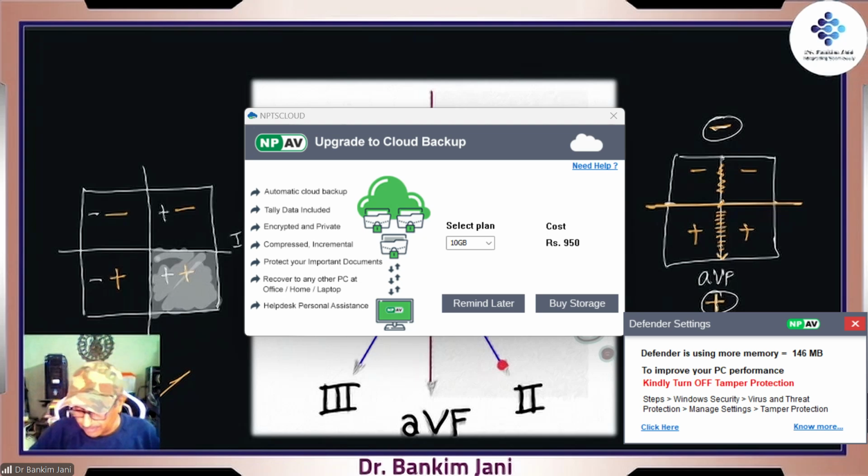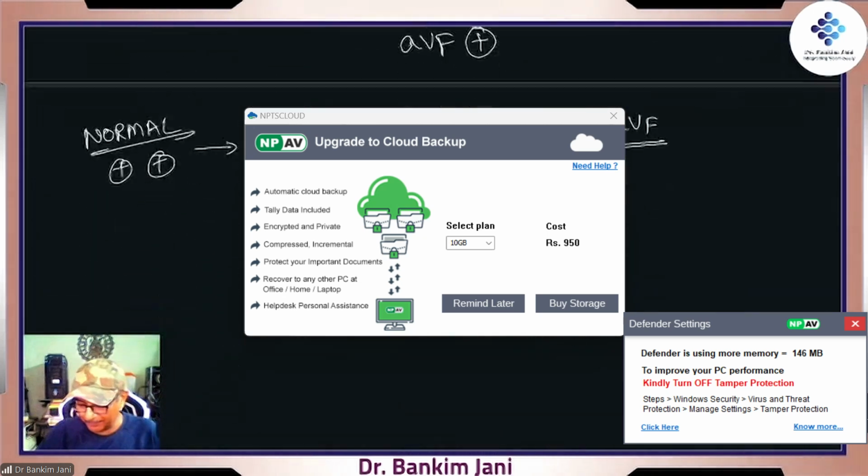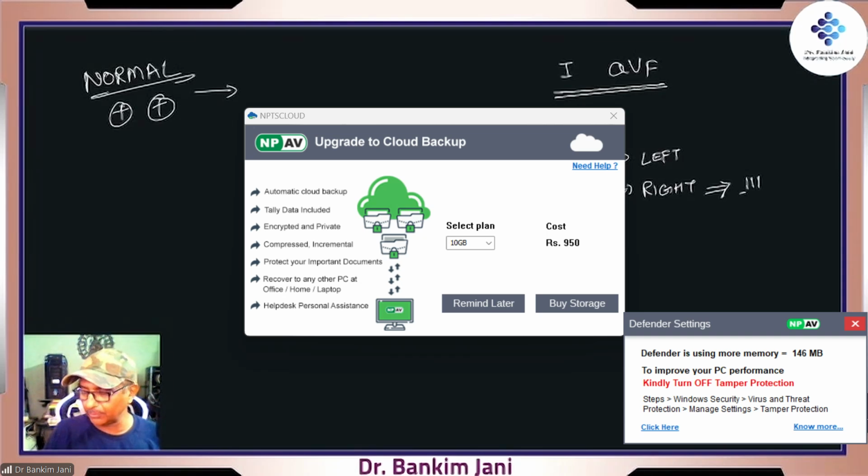Okay, chalo. First I give you a small trick so that you never make an error. AVR, AVL, AVF. Out of this, AVR has the most alphabets (right has more letters), so it would be related to 3.